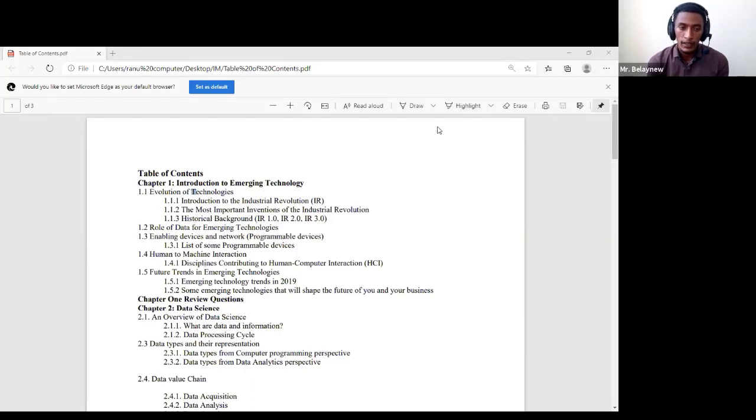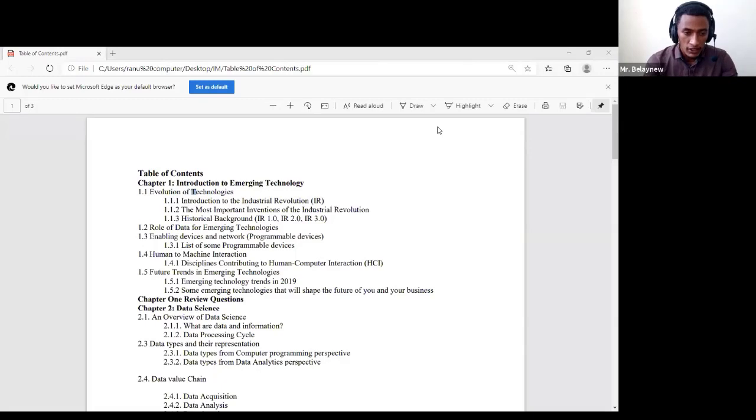So in chapter 1 we will also discuss different future emerging technologies in different fields of study. Okay, so chapter 1 is about an introduction to emerging technology.